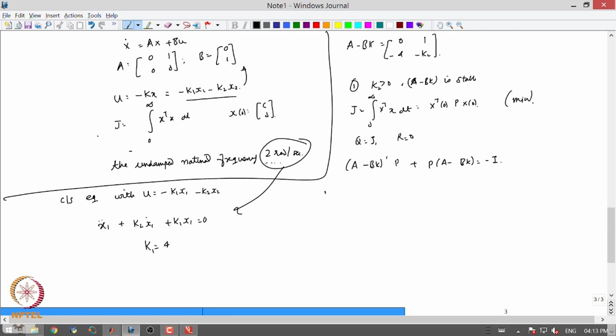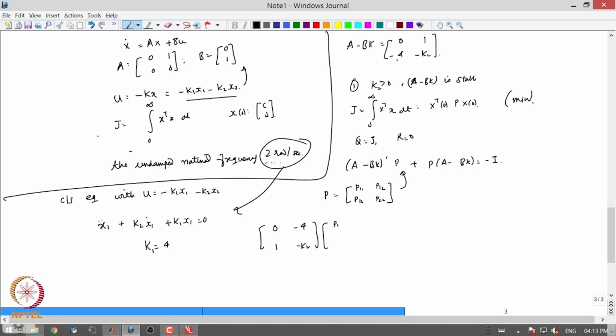Now, let me assume that P is of the form P 11, P 12, P 12, P 22, since it is symmetric. I just write it in this equation. What is my A minus B k? A minus B k transpose would be 0, minus 4, 1, minus k 2.